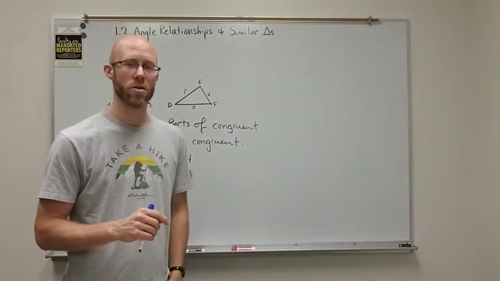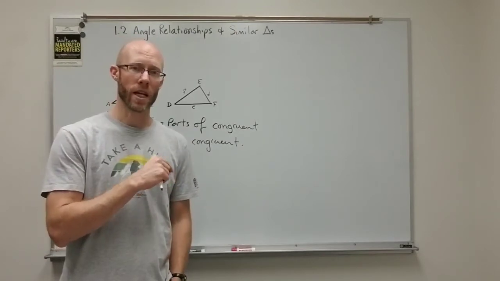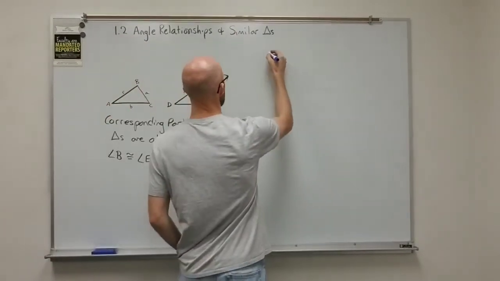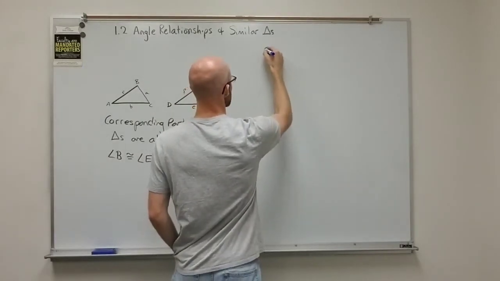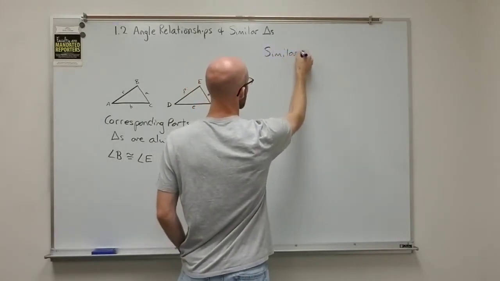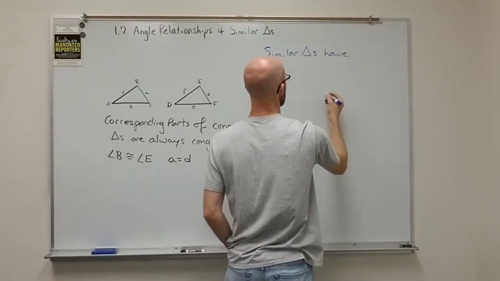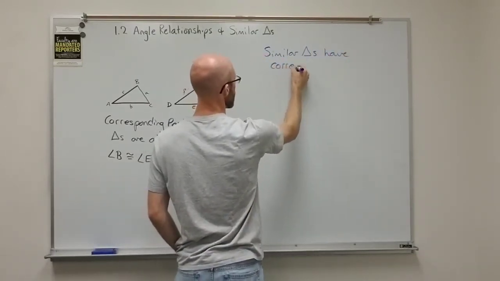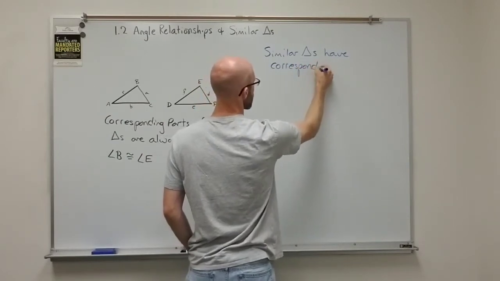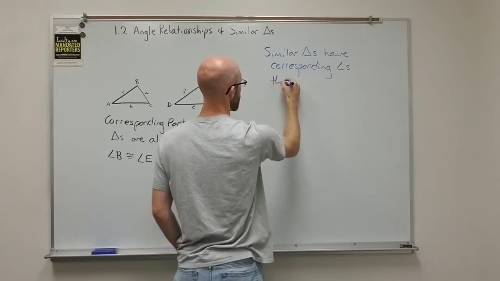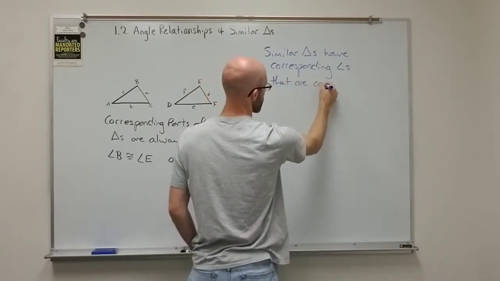Similar triangles have the corresponding angles congruent, but not the sides. Okay, so similar triangles have corresponding angles that are congruent.